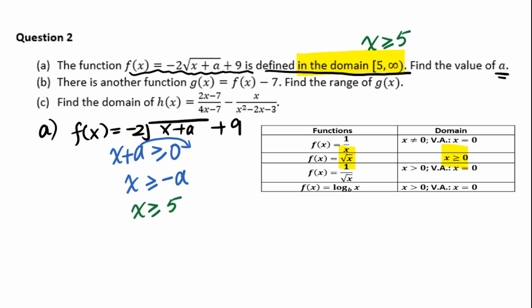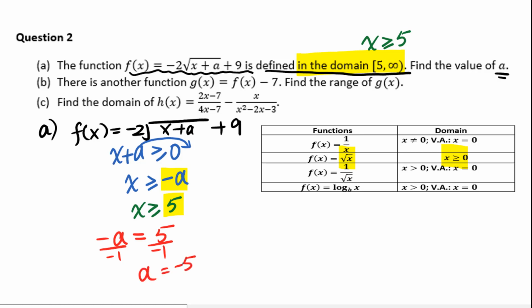We will compare x greater than or equal to negative a to this given domain, x greater than or equal to 5. These two must be equal. Therefore, we will set up negative a equals 5 divided by negative 1. So you get a equals negative 5.